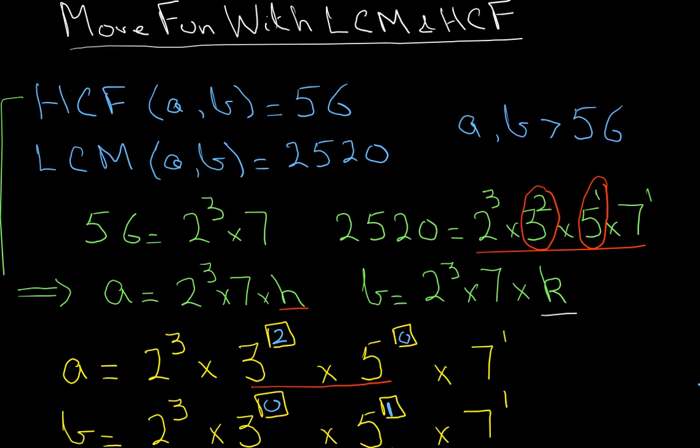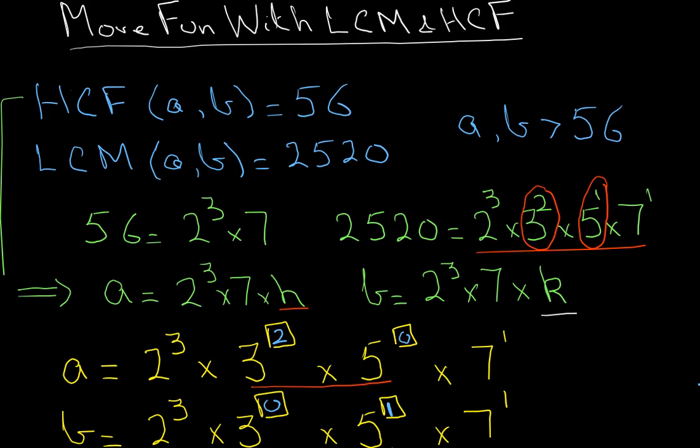So you have to think about this for a minute. We have used the fact that in the HCF you have no common factors, so H and K cannot have any common factors, hence they can't have any common prime factors. Now we already knew that A and B had 3 powers of 2 and 1 power of 7.